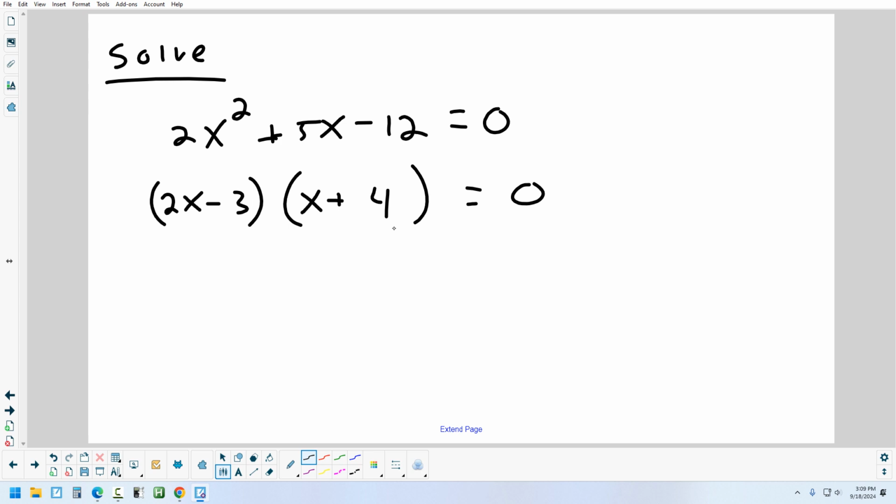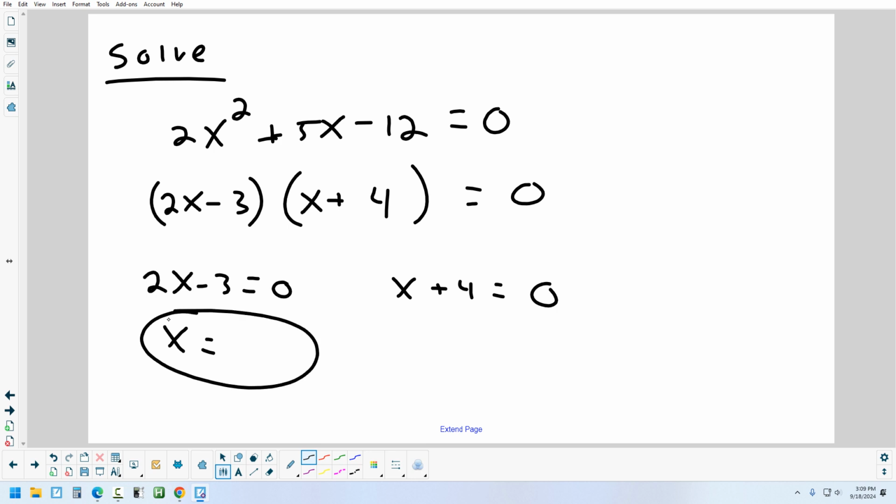Now we take each one of these factors, and what do we set them equal to? Yep, set them equal to 0. Because when you're multiplying two things together and getting 0, that means either the first one is 0 or the second one is 0.